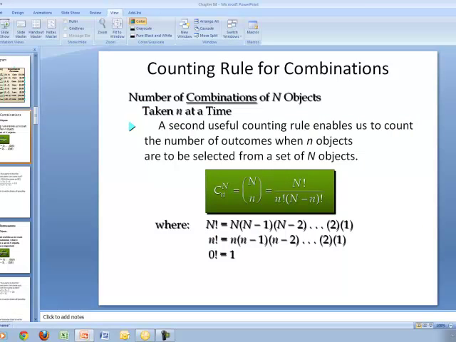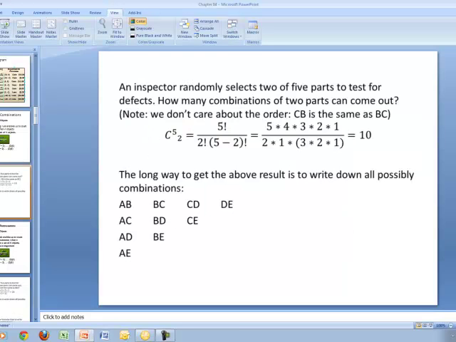Let's look at combinations. What is a combination? A combination is when you take small n from a larger set of big N, and you want to count the number of outcomes where the order does not matter.